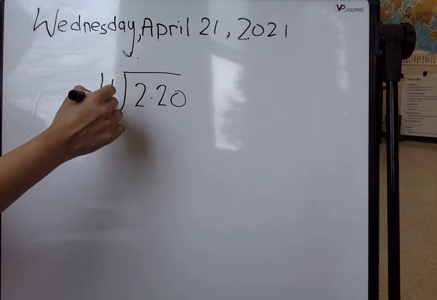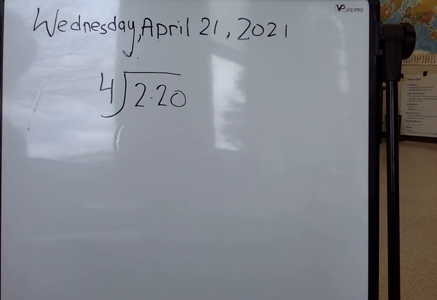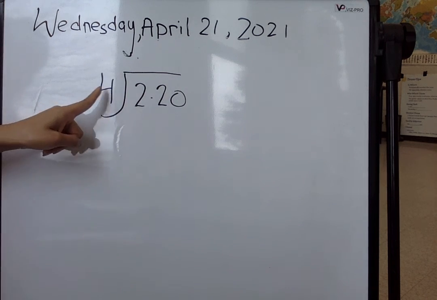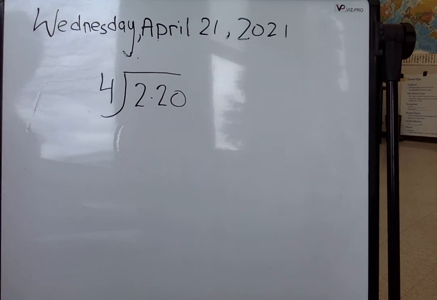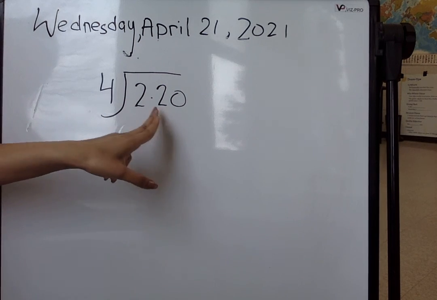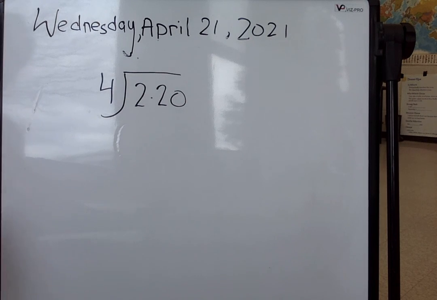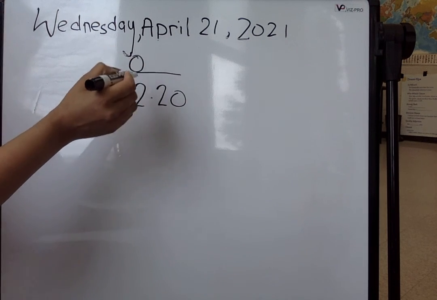2.20 divided by 4, right? So once we get that, 4 times, can I use this? I have 2 here and I have 4 here. Or do I need to combine these 2? I obviously need to combine these 2, right? So I'm going to put a 0 before I combine.